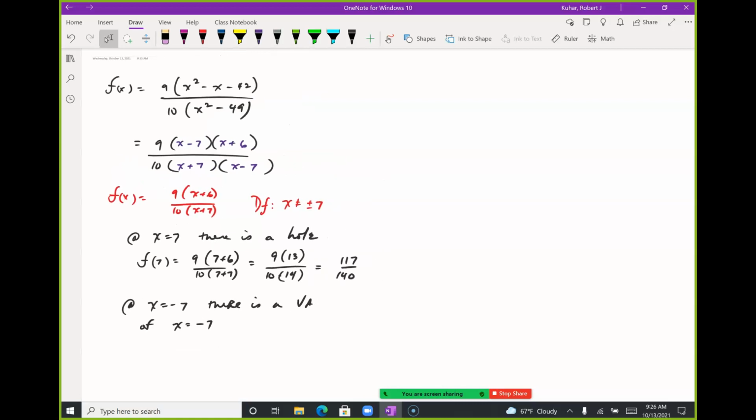Sean, okay on all of those, except for the interval notation? Am I right? Sean, you okay? How'd you get the hole again? I noticed that these two factors are going to cancel, and whenever that happens, there's a removable discontinuity.